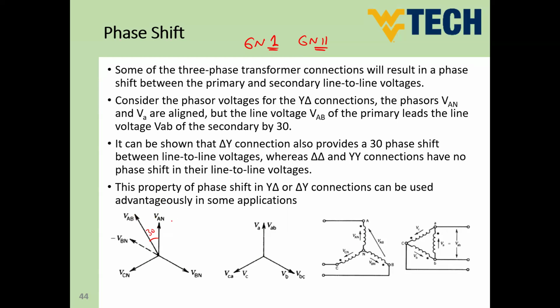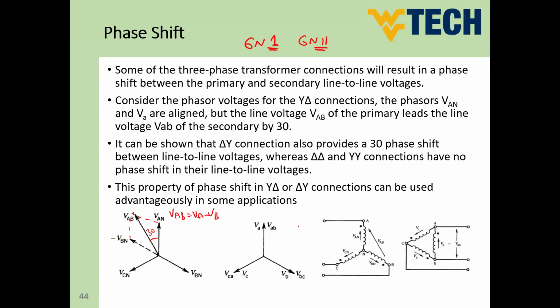You know that VAB is nothing but VA minus VB. So this is VA, this is minus VB. The summation of these two vectors is nothing but our VAB. So VAB is leading VAN by 30 degrees.